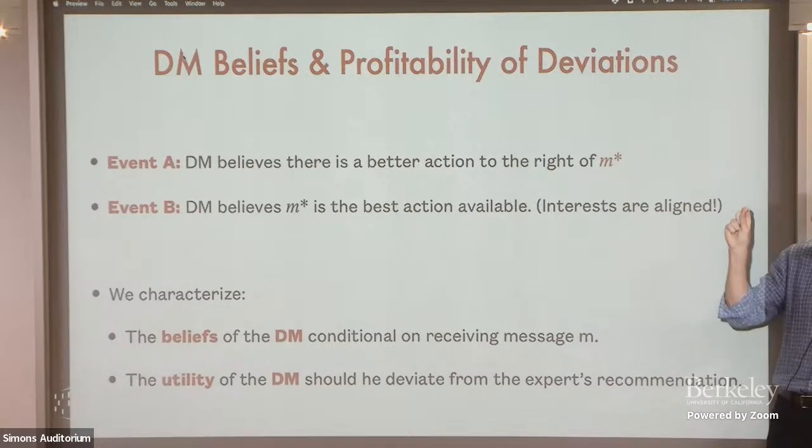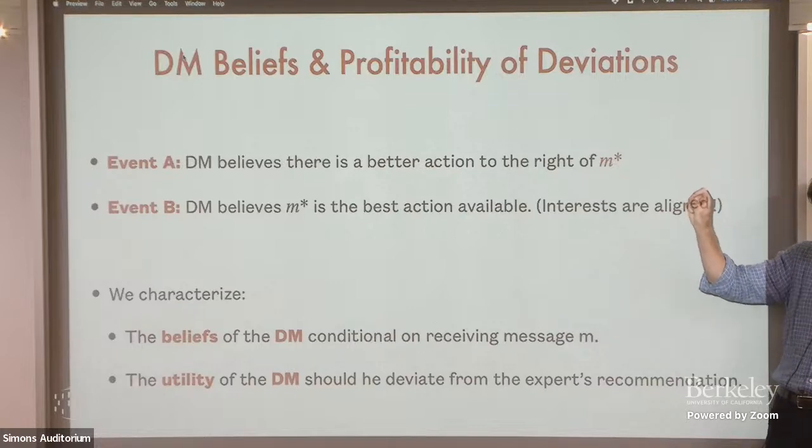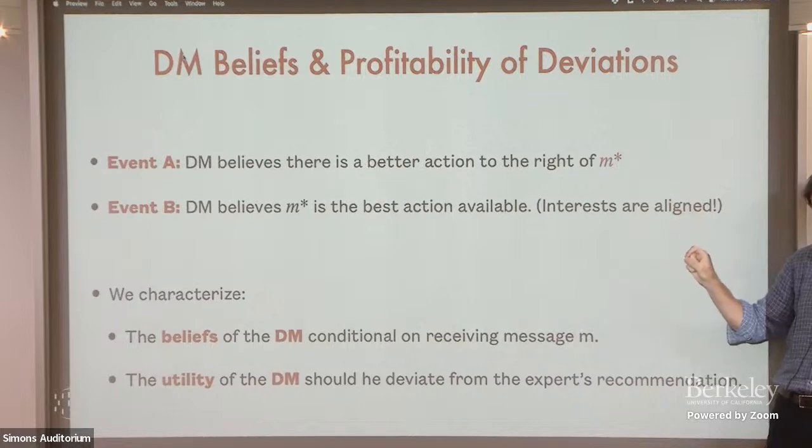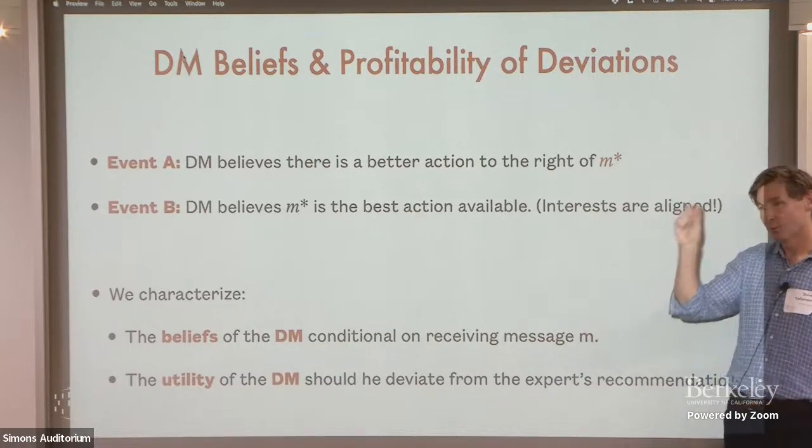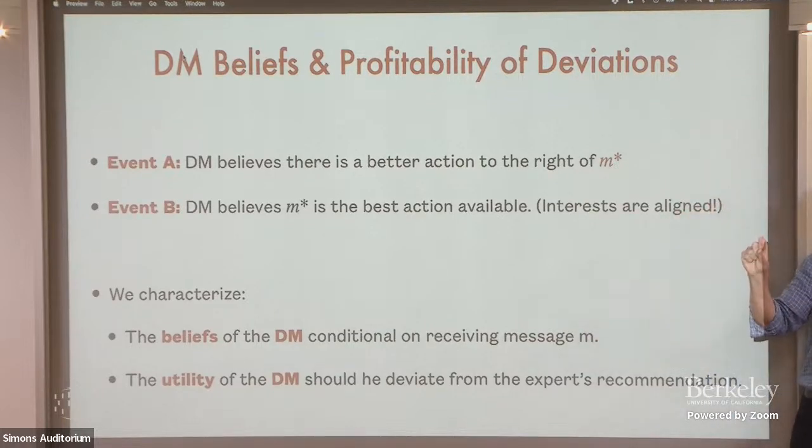In event A, it's the first hitting time of a Brownian motion. What's the probability that the first hitting time of the Brownian motion at B is M star? And in the second event, what's the probability that the minimum of the Brownian motion is at M star? And also it's the last minimum in the sense that the path must go up afterwards.